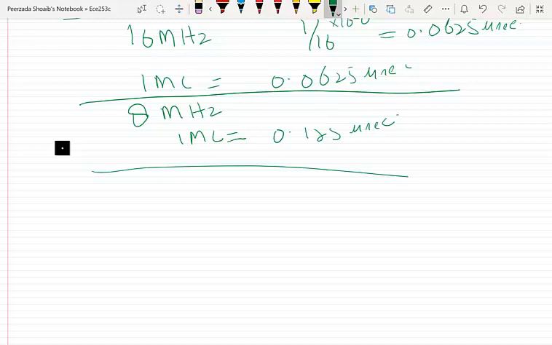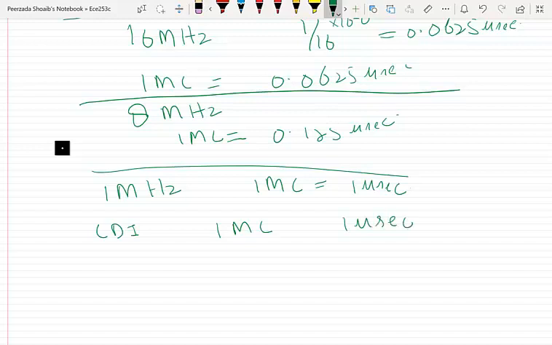For example, let's assume that we have connected a 1 megahertz crystal. That means one machine cycle is equal to 1 microsecond. How much time will the LDI instruction take to execute? Since LDI takes one machine cycle to execute, and one machine cycle is equal to 1 microsecond, LDI will take 1 microsecond to execute.